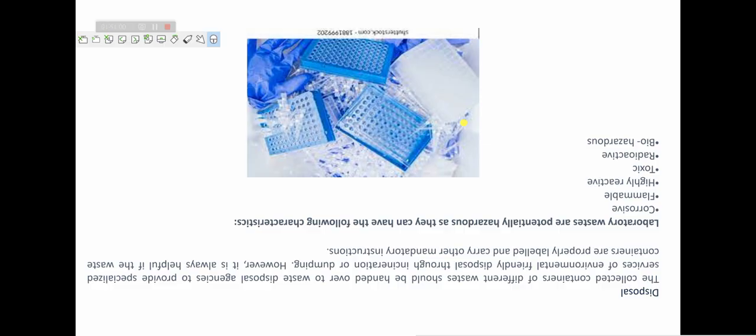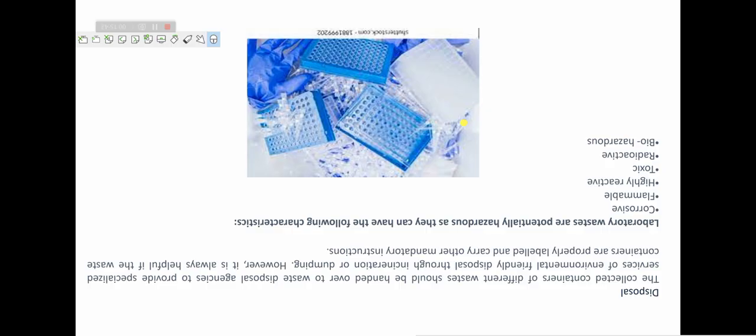So the labeling is very mandatory for these waste disposal containers, so that people will not get confused about where to put their types of dump. That is why these labels are important.